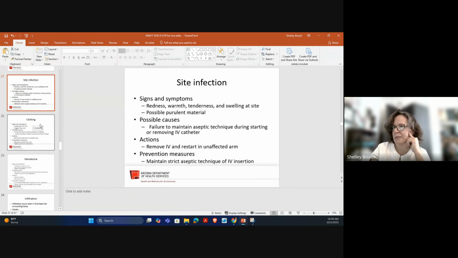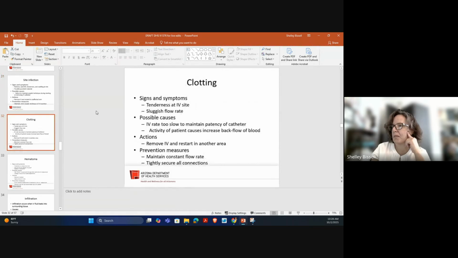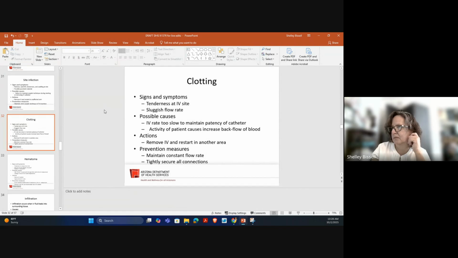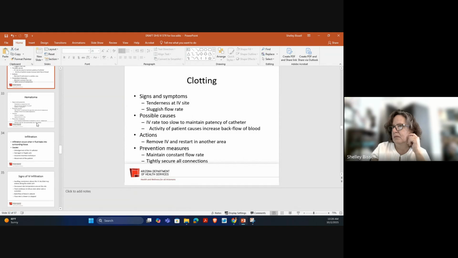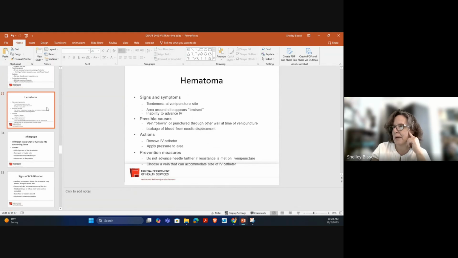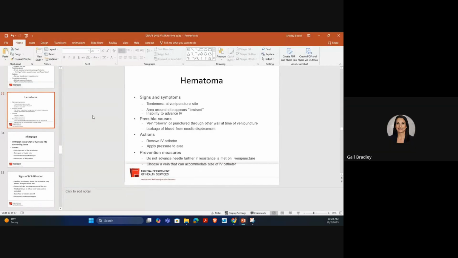We'll go down here. One is hematoma. I was thinking with a couple of these is maybe some pictures to add in, especially for the EMT level.